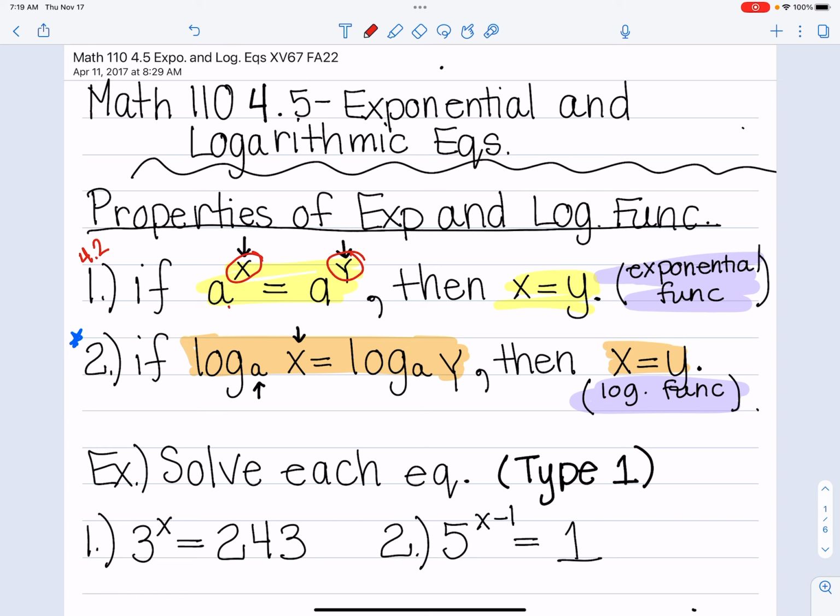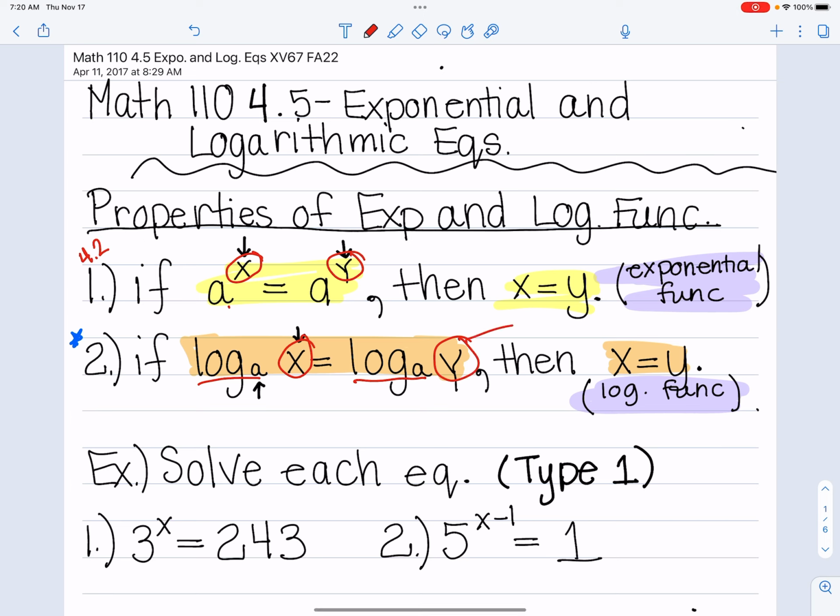Now, a new rule that I'm giving to you today is the logarithm rule to deal with logarithm equations. It says that if I have a log of a base on each side, exactly the same base, then we can set the function values equal to one another.